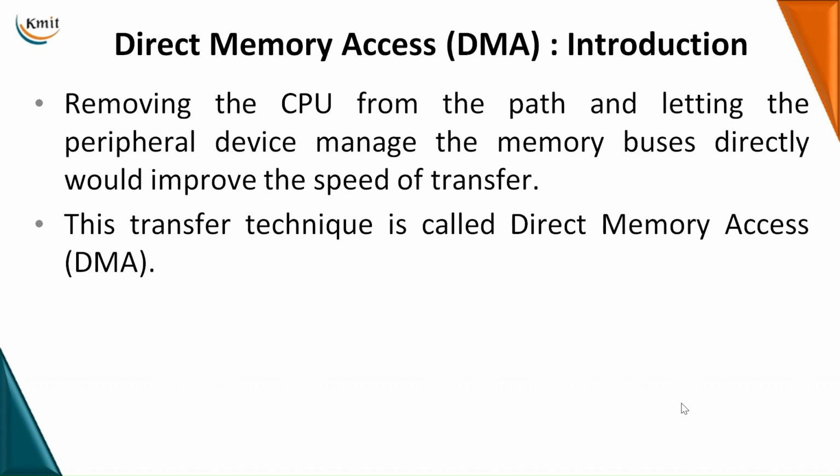For this reason, we remove the CPU from the path and let the peripheral device directly manage the memory unit of the computer, so that you can improve the speed of transfer between them. This technique is called the direct memory access technique.